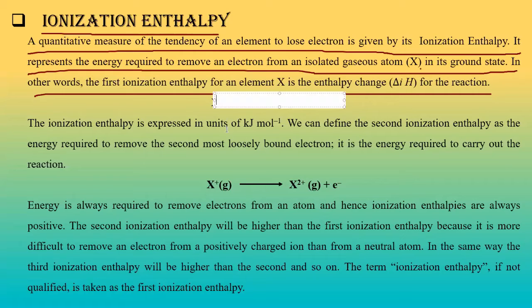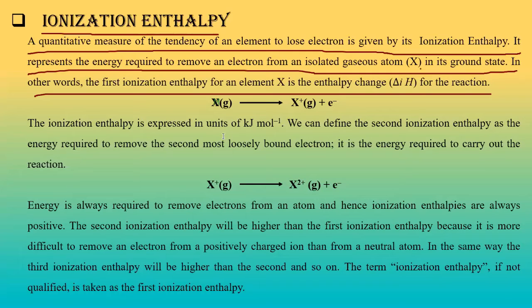So let us make it M. Let us imagine why I am writing M, because M means metal. So when M becomes M plus, that means one electron is ejected. So this energy will be in terms of kilojoules per mole.